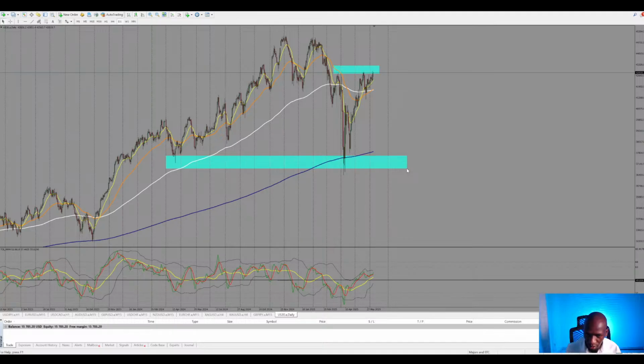That's just another one, but there are quite a number of others. You can see this area, which is support and resistance as well.